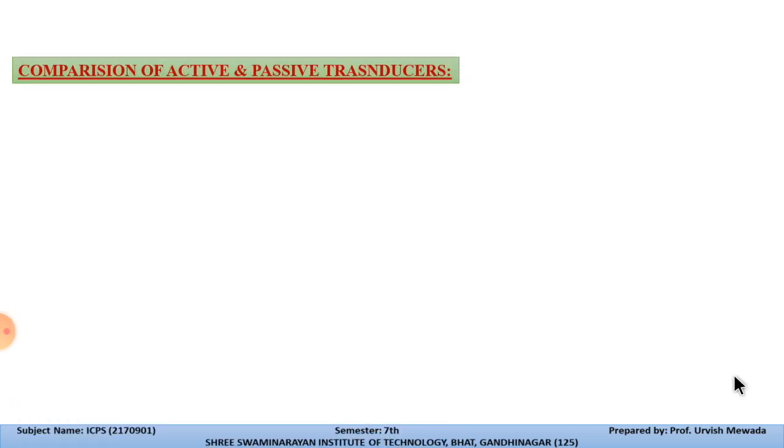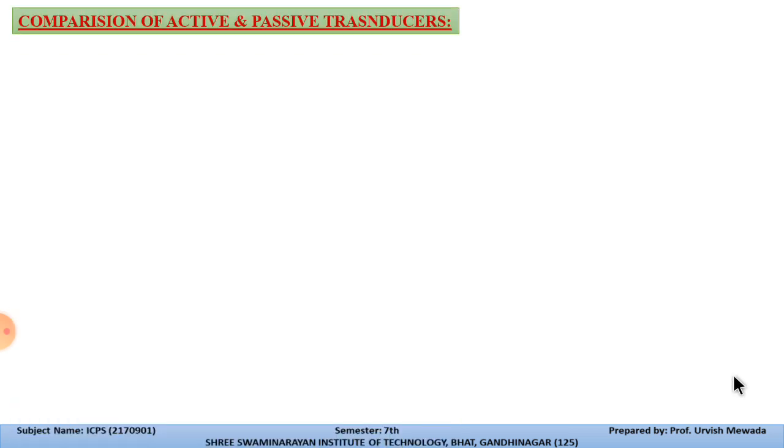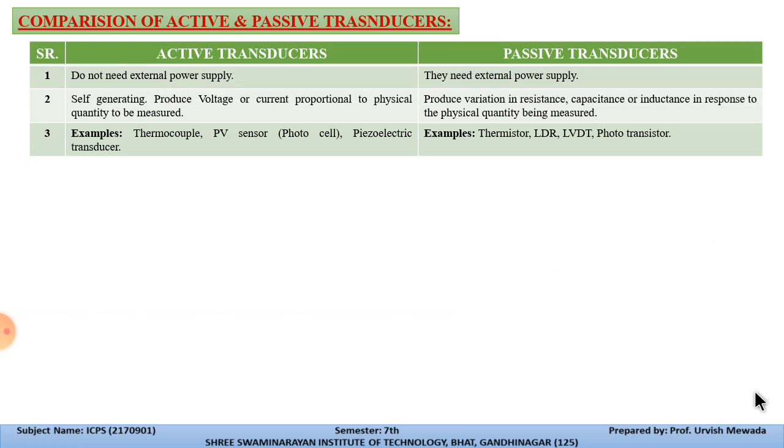In the next slide, first of all we'll check the comparison of active and passive transducers, then we'll classify the transducers again. As we already discussed active and passive transducers, this is the difference between the two. First, the active transducer does not need an external power supply, and the passive requires an external supply.